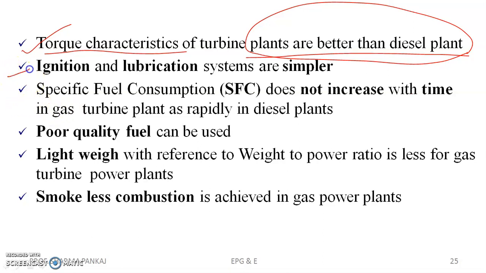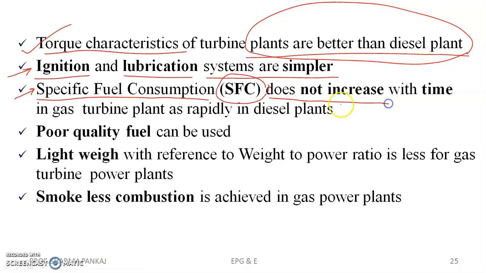The next point, the ignition and lubrication. The ignition and lubrication systems are simpler. This one is another advantage. The specific fuel consumption, in short form written as SFC, does not increase.